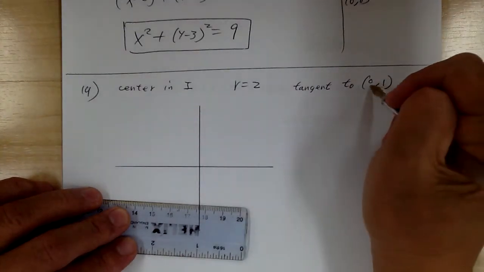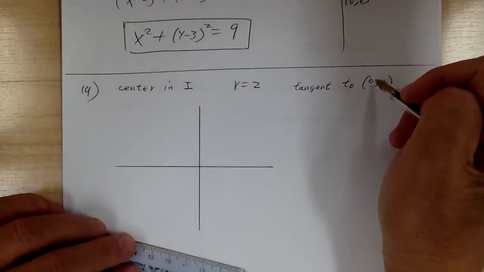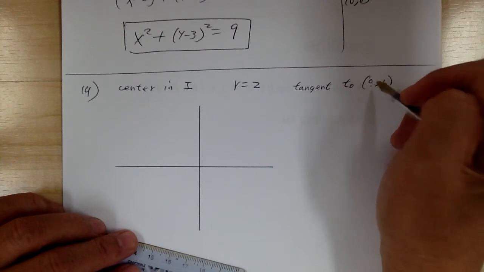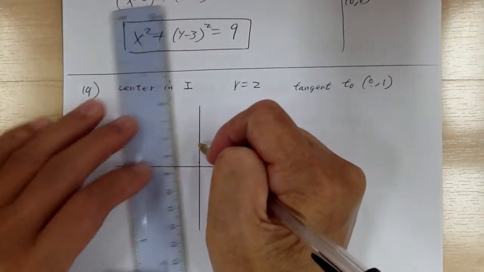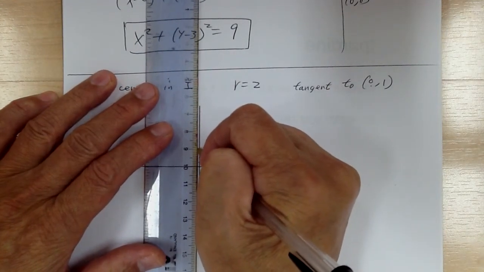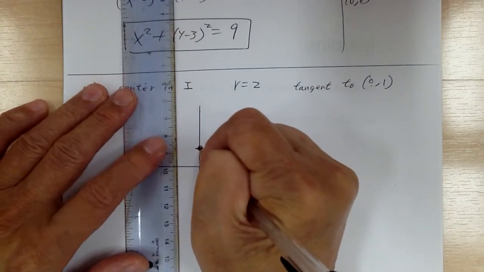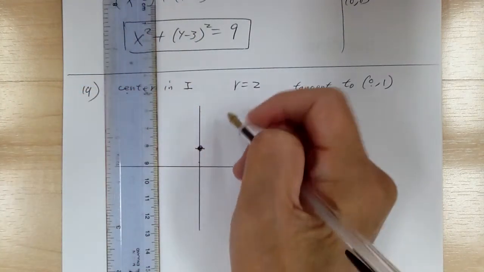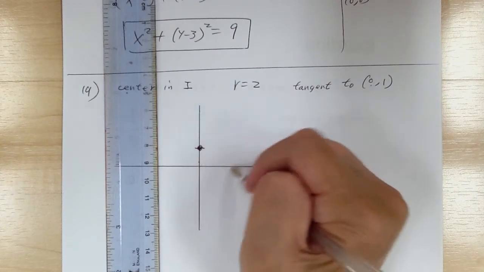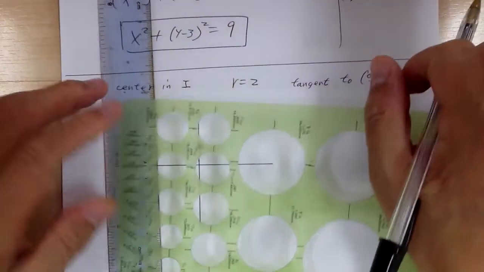First let's plot this point. The tangent point is 0, 1. Now if it's tangent to that, and the circle is in quadrant 1, it's going to be over here, and the radius equals 2.